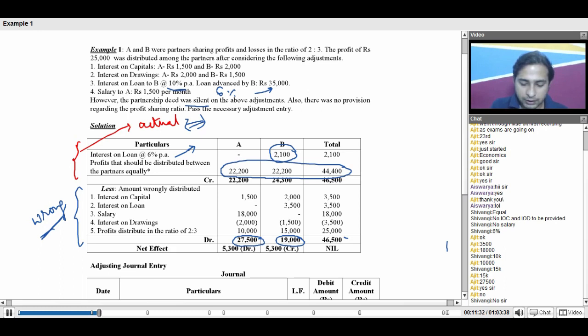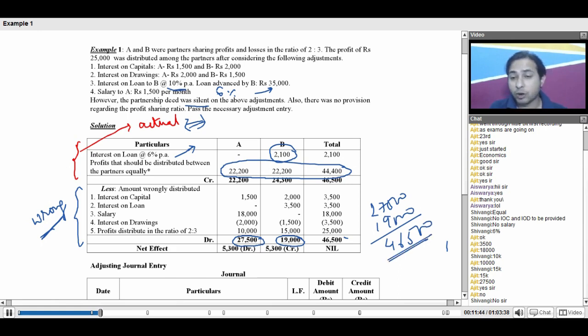Look, if you add these two terms, 27,500 and 19,000, this gives me 46,500. What is this? This is the wrong amount of profit that has been distributed among the partners.